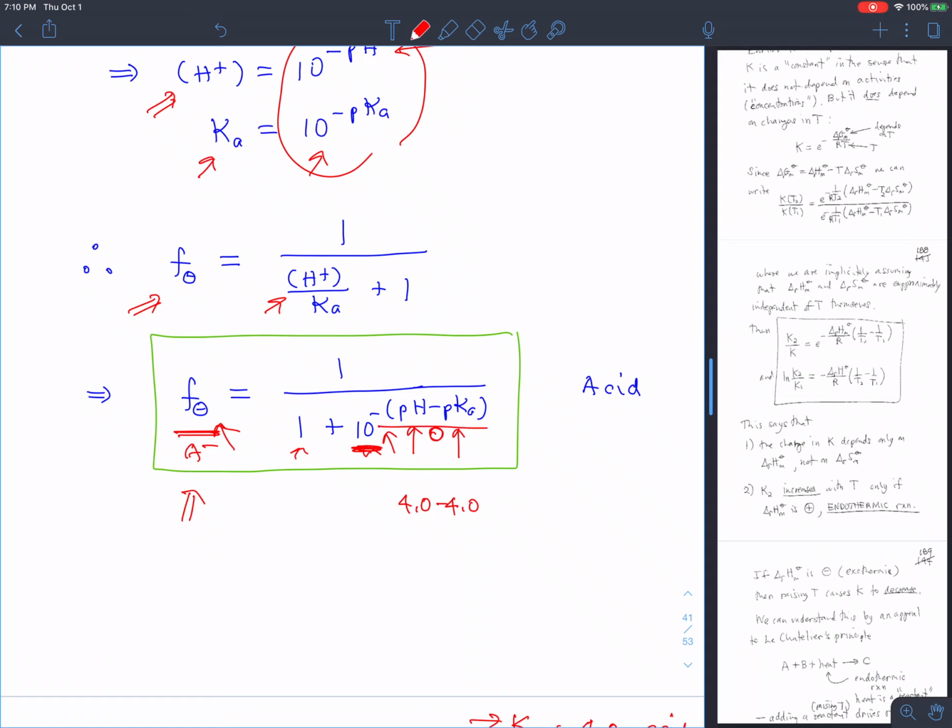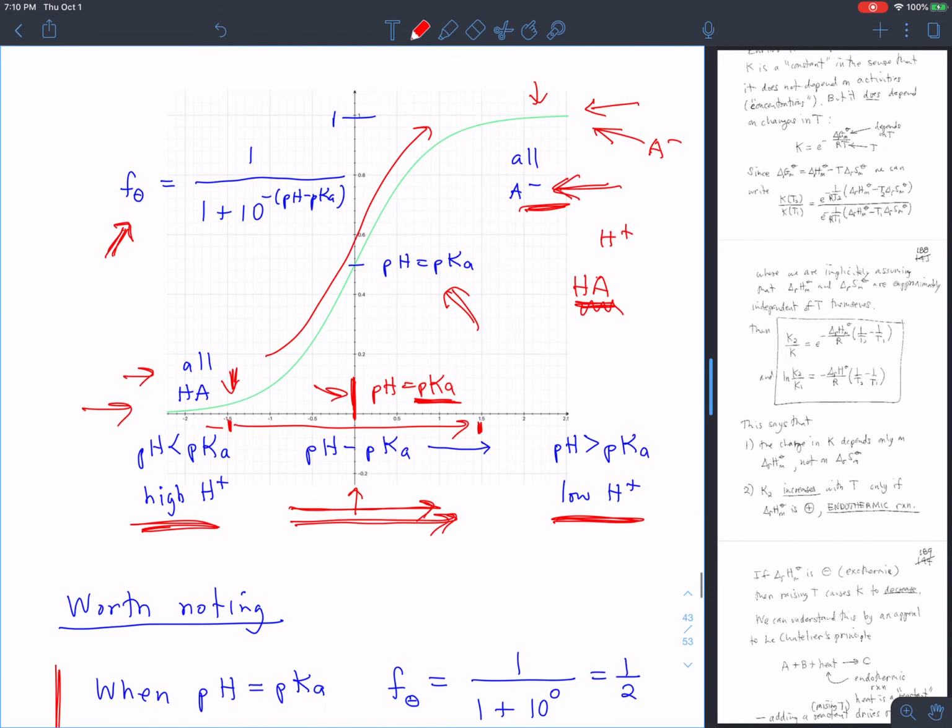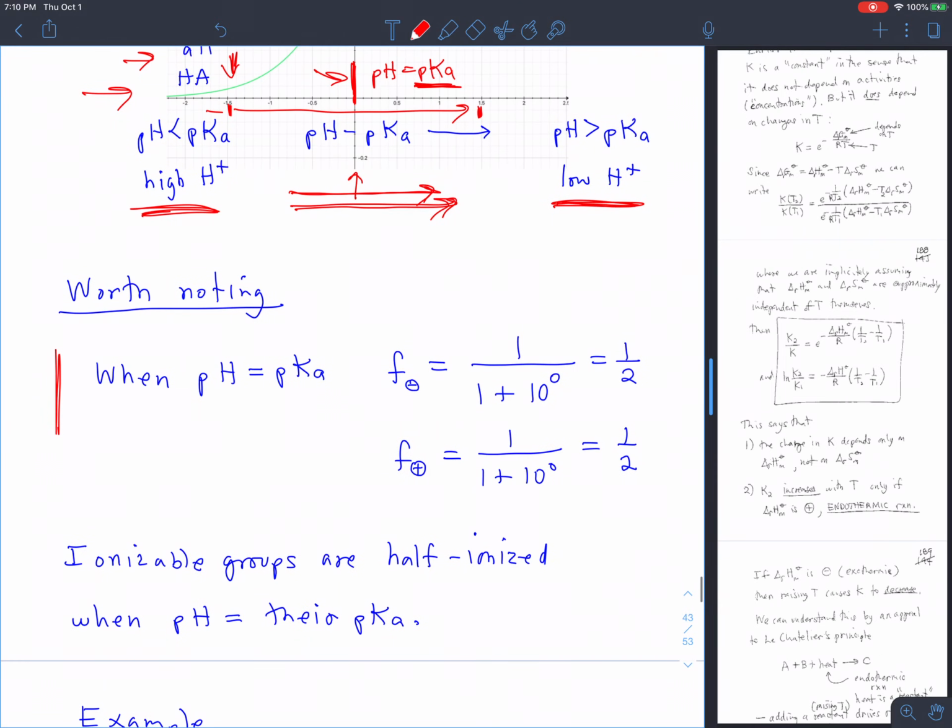I'll have 10 to the 0 power here, and 10 to the 0 power is 1. This whole denominator is a 2, and I get half dissociated acid. Likewise, if the pH is equal to the pKa of the base, I also get half protonated base.